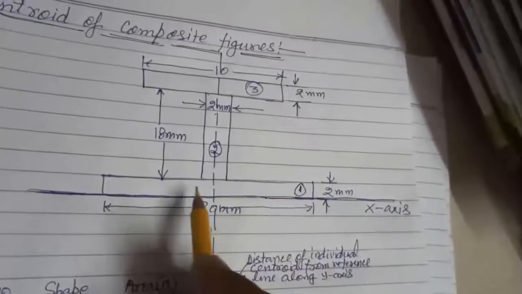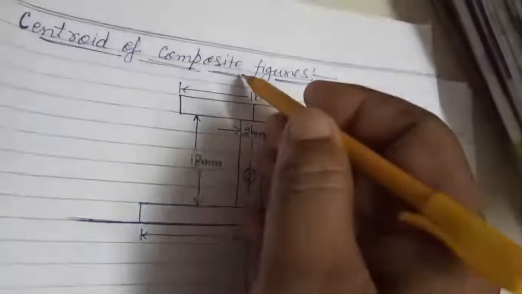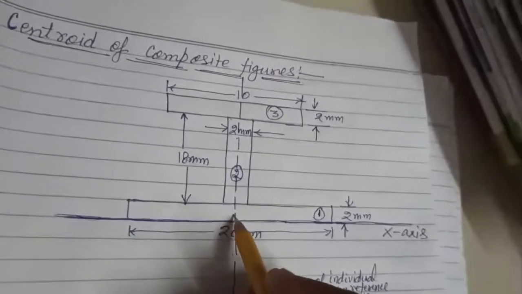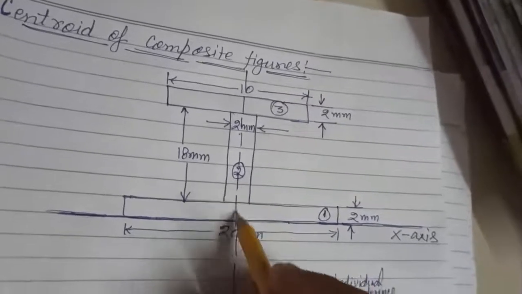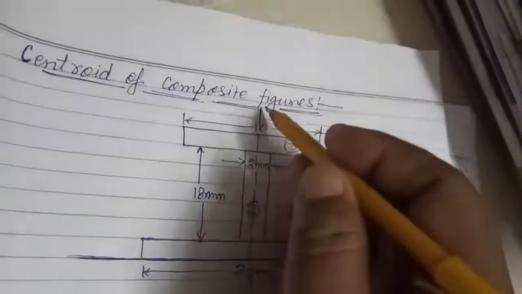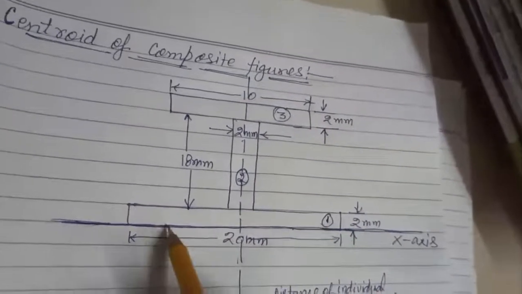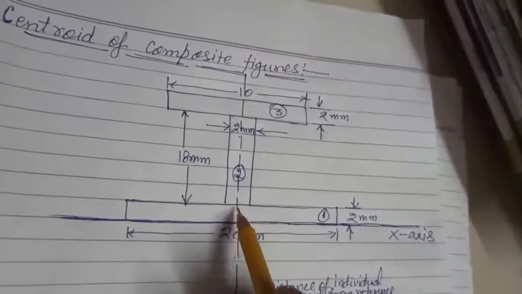This is figure 1 and this is the reference line along the y-axis. The centroid of figure 1 lies over this line, because this is the line of symmetry for the whole figure, and also for figure number 1. So the x coordinate will lie over this.